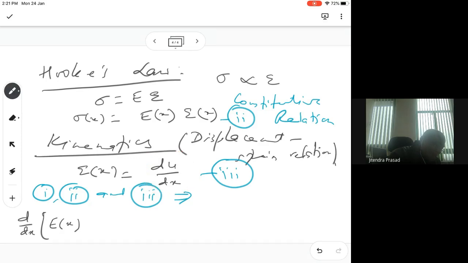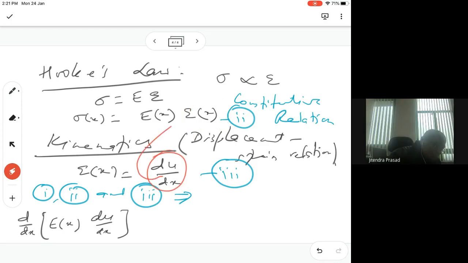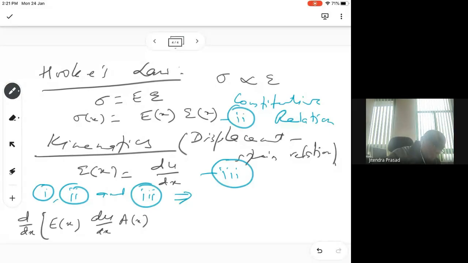So we can straight away write du over dx, and the area is also there, multiplied by Ax, plus bx equal to 0.